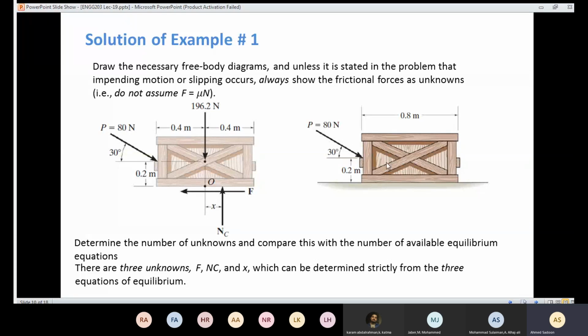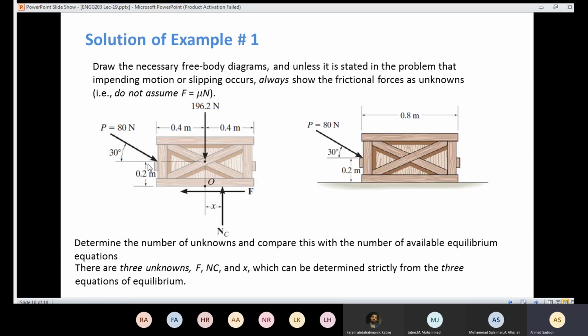Instead of the friction between that surface and that surface, we need to put the forces acting on the box. So like we learned, instead of the surface, we are going to have frictional forces and normal forces. The frictional force is going to be opposite to the tendency of motion.